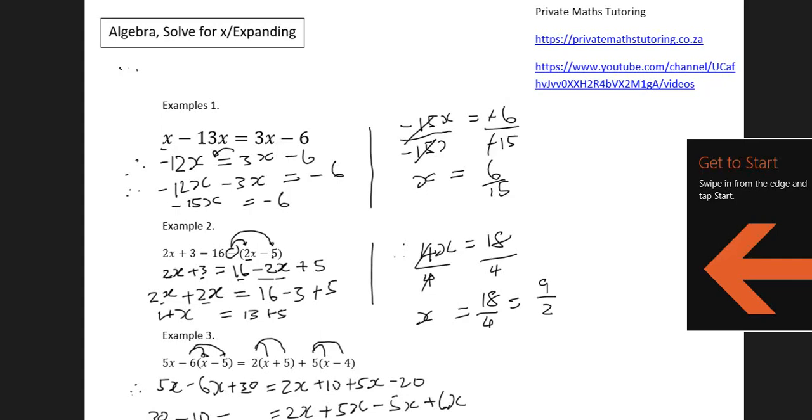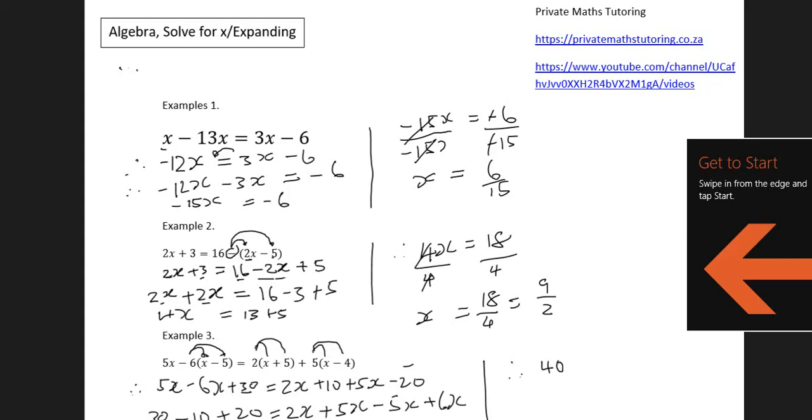And we also have plus 20, because 20 is negative on this side, so if you take it to the other side, it becomes positive. So you have 30 minus 10, that is 20, plus 20, that would be 40.